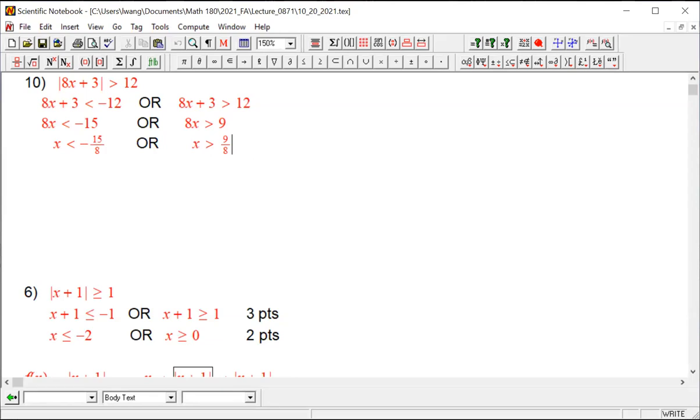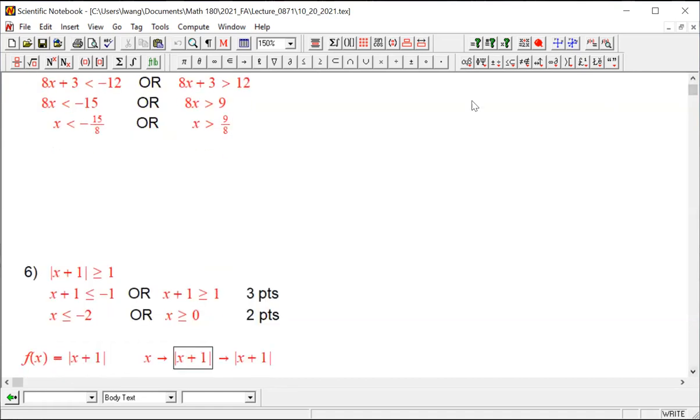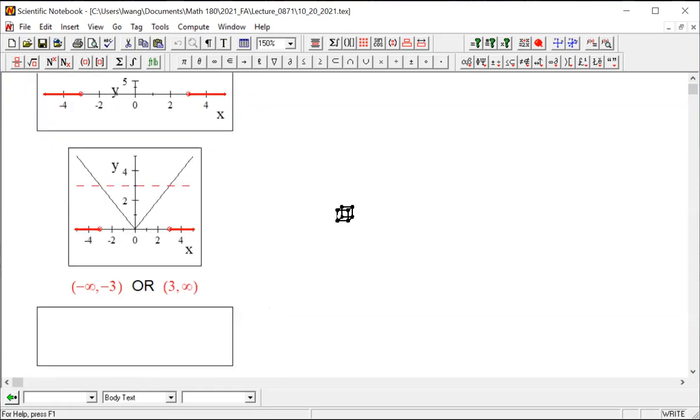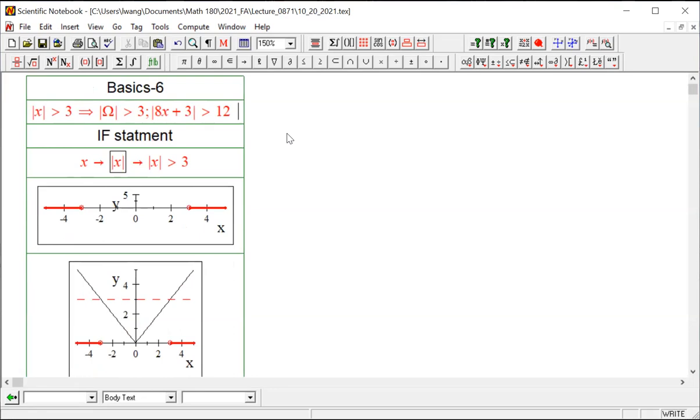You can clearly see this is the same model, right? They're the same model, aren't they? That's omega. And 3 is replaced by 12. Right?